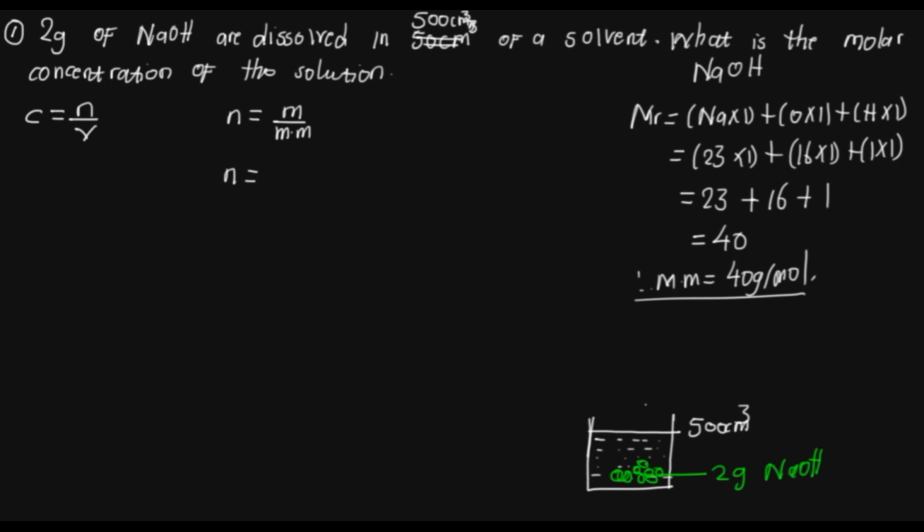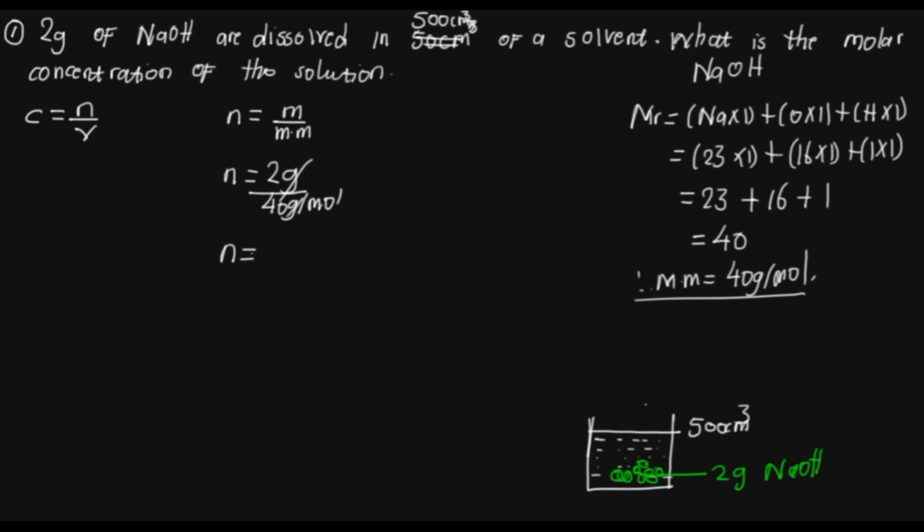So now after finding the molar mass, we can proceed to finding the number of moles. The mass is given as 2 grams, divided by the molar mass of 40 grams per mole. So we can cancel this.